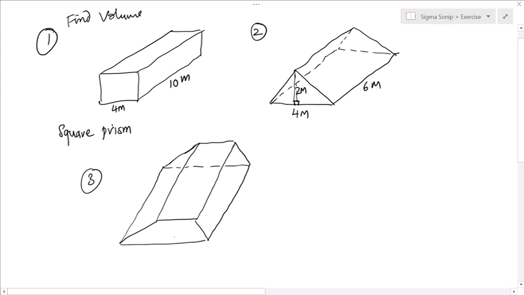You got two bases, this one and that one. So this is 6 meters, 2 meters, and this height is 2 meters, and the length here is 10 meters. These are the three questions I want you to try.